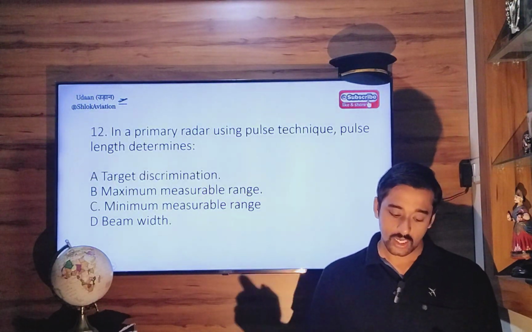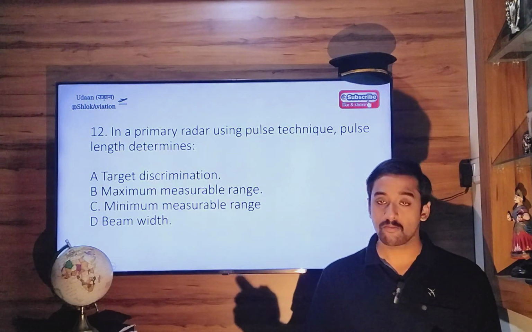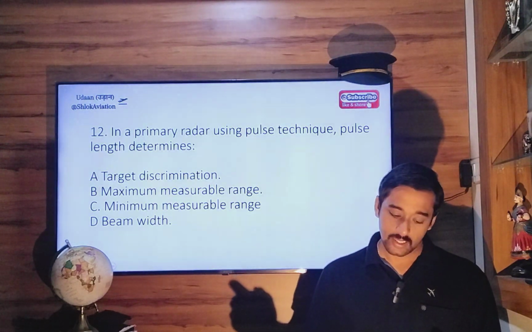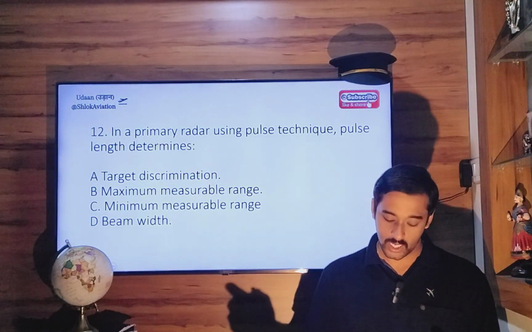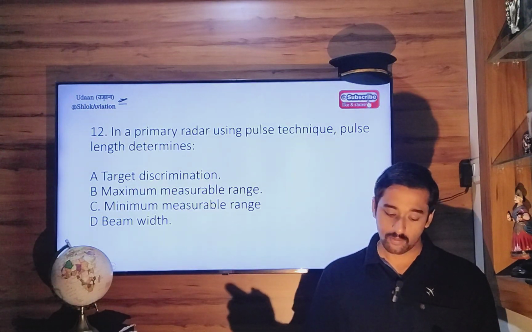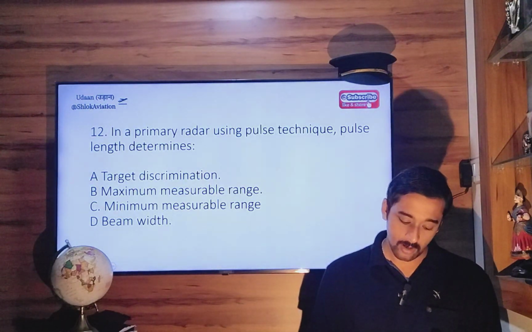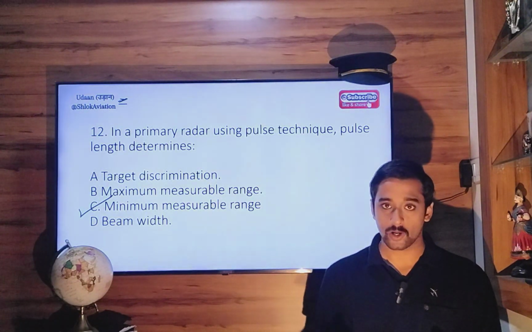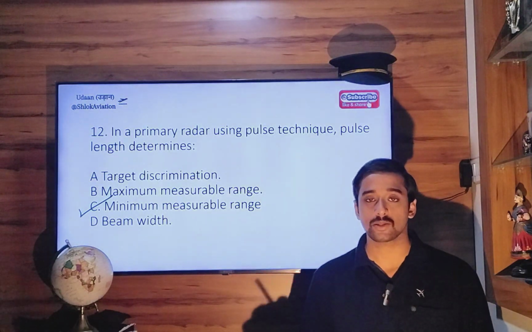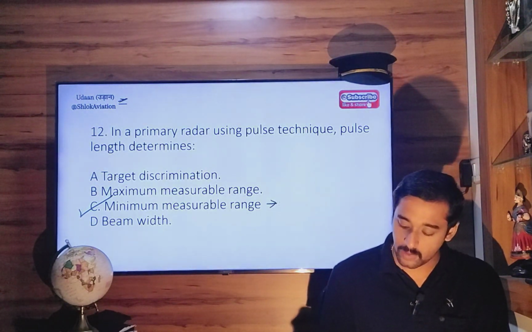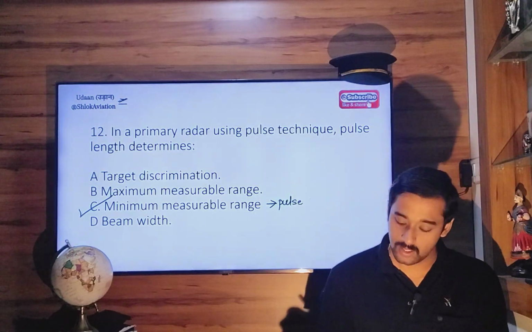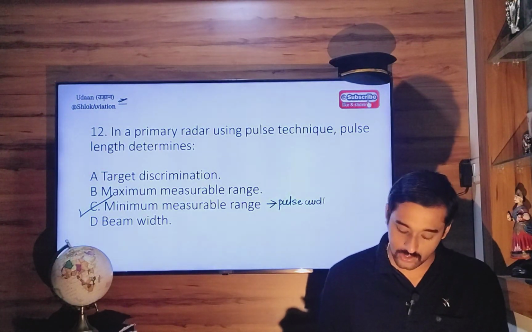Next, question number 12. In a primary radar using pulse technique, pulse length determines what? Target discrimination, maximum range, minimum range, beam width. Pulse length determines minimum measurable range. Very important. In the previous lecture I explained in detail that minimum range is determined by your pulse width or pulse length measured in microseconds.